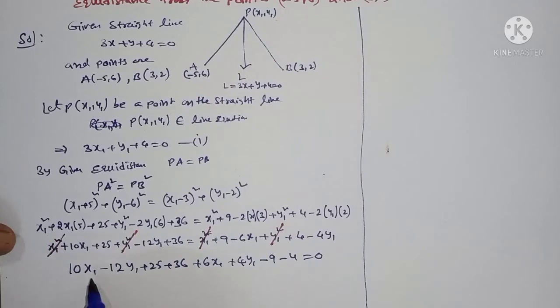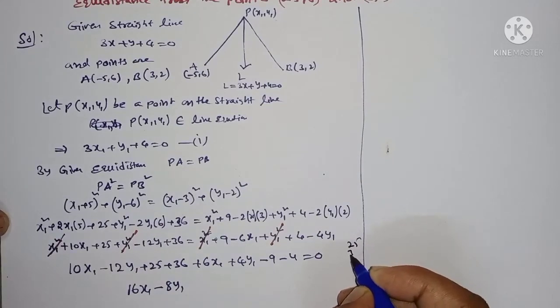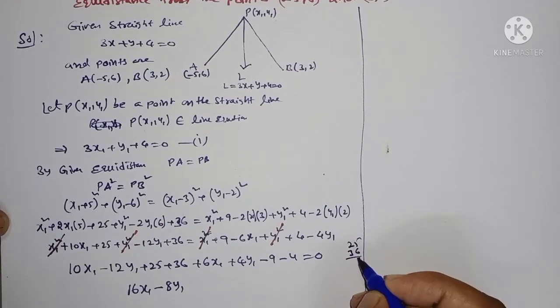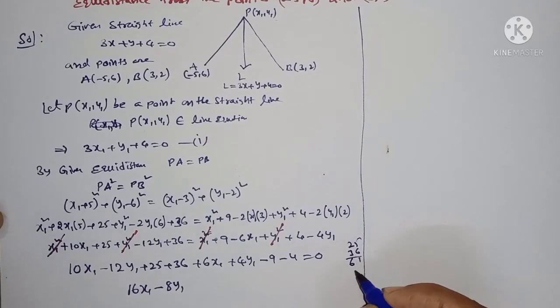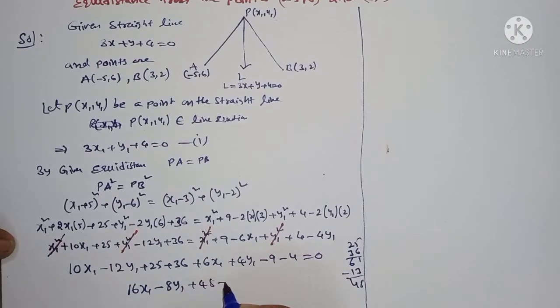Therefore 10x1 + 6x1 is 16x1, and -12y1 + 4y1 is -8y1. 25 + 36 is 61, and 61 - 13 gives 48. Therefore + 48 = 0.